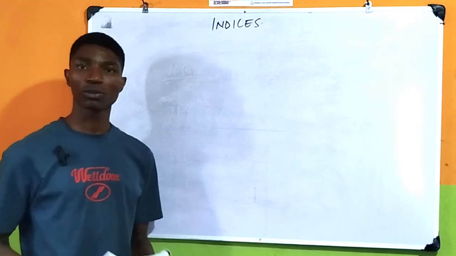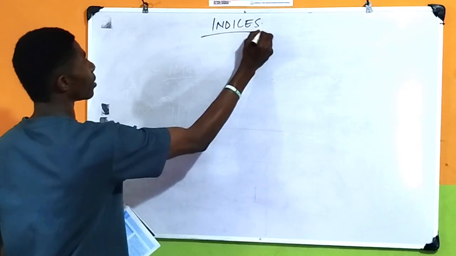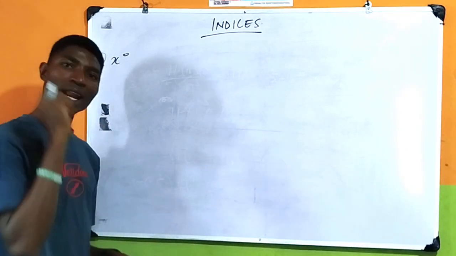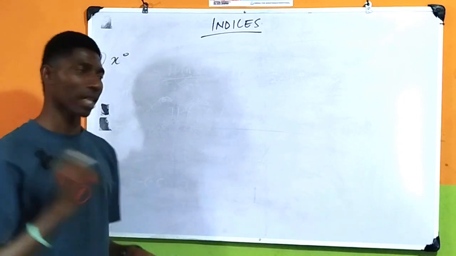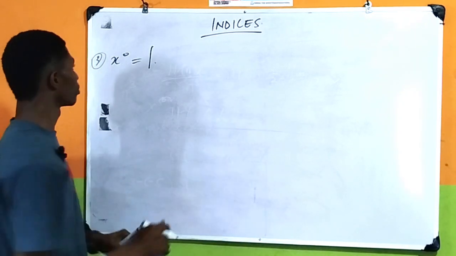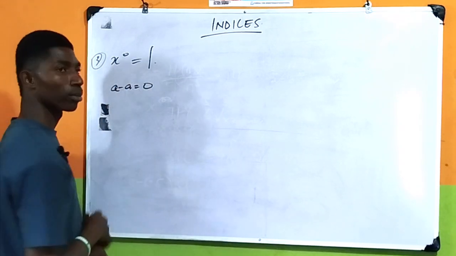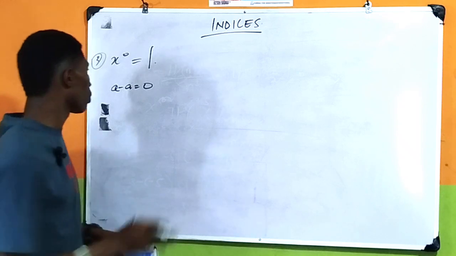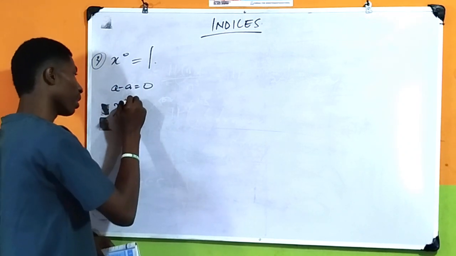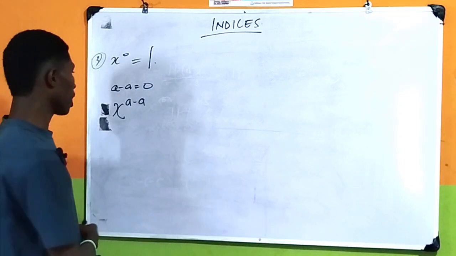Alright, so next we move to the zero power of indices. Zero power, x^0. Any number to the power of 0 is equal to 1. Why? Now, a minus a is equal to 0. A number subtracting itself is equal to 0. Then we have x^(a-a).